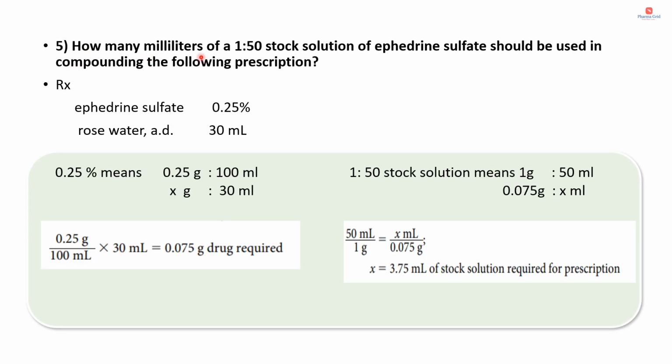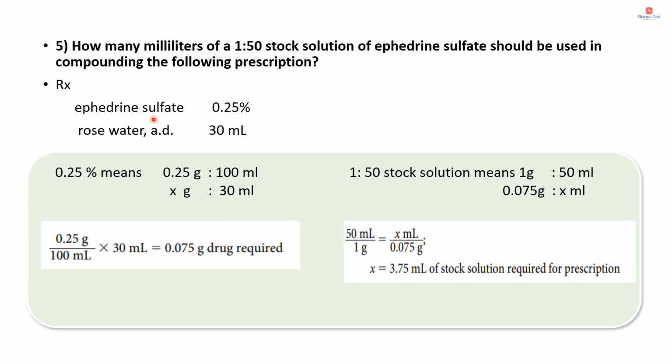Fifth one, how many milliliters of a 1:50 stock solution of ephedrine sulfate should be used in compounding the following prescription? Rx, ephedrine sulfate 0.25%, rose water 30 ml. Okay, so first of all, find out the amount of ephedrine sulfate present in 30 ml, which is the required volume.